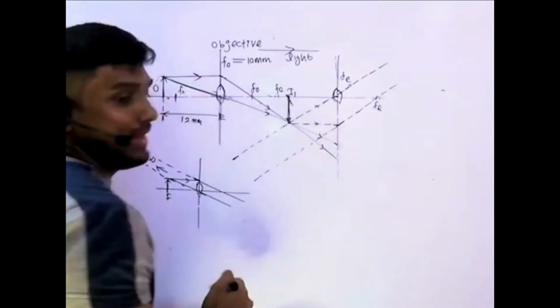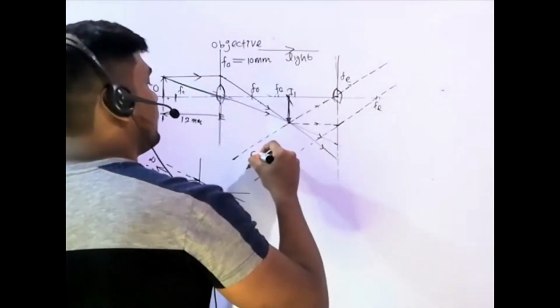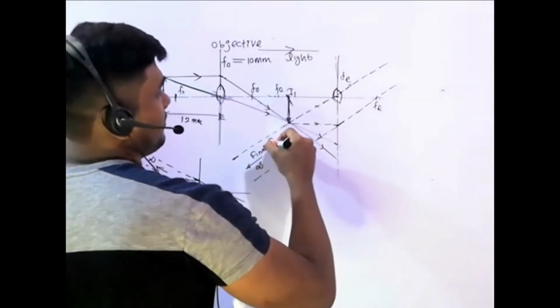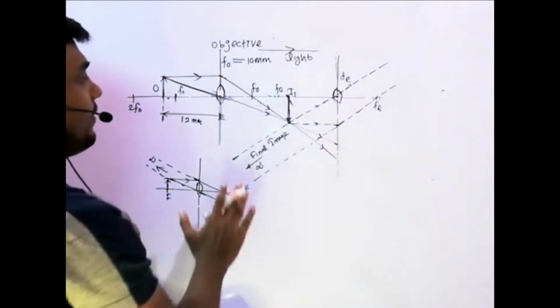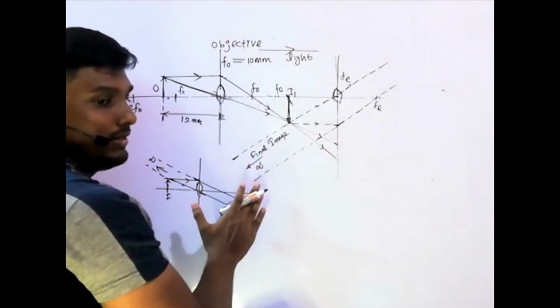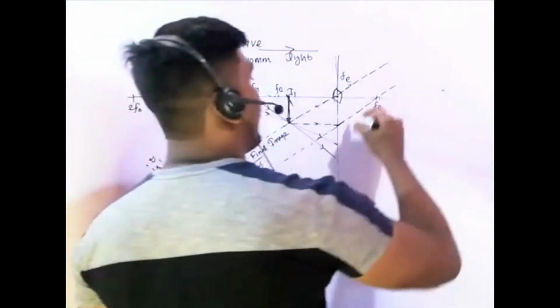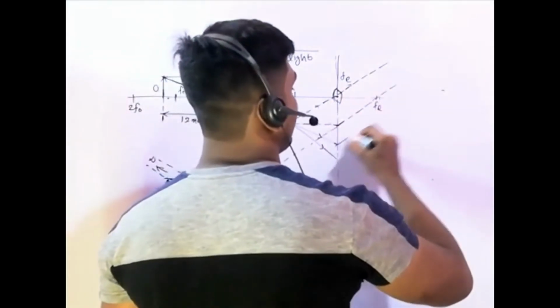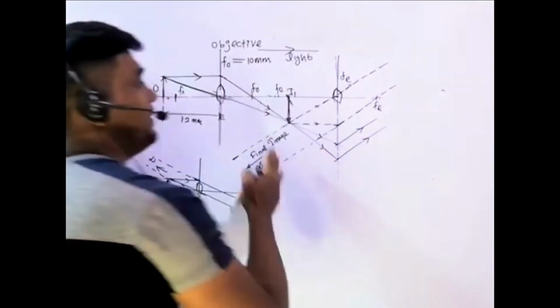What it says is that the final image is at infinity. Okay, we have decided our final image should be at infinity. Then the remaining two rays will move parallel to these rays. Now this is the basic ray diagram.